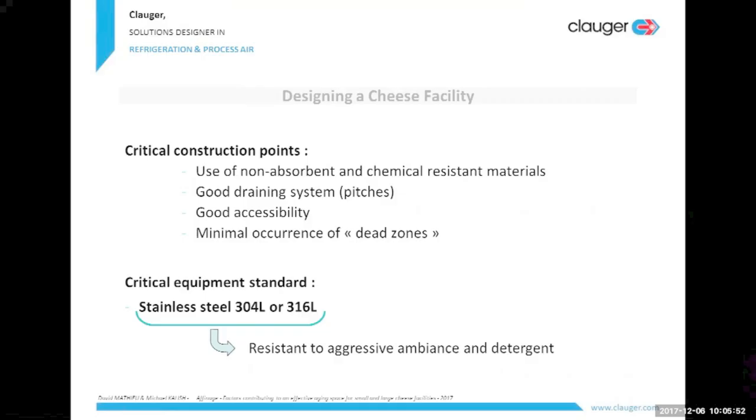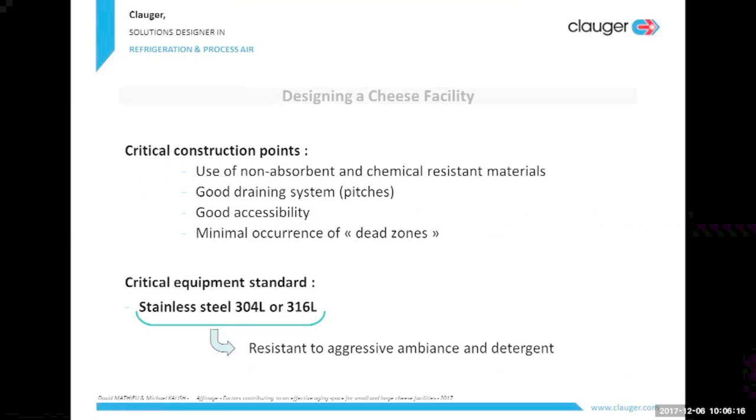We don't want any water retention, because where there is water retention, there is bacteria growth and molds. Good accessibility: if it's accessible, it's easy to wash. Minimal occurrence of dead zones. Again, a dead zone is somewhere where we can't access, so it's a bacterial growth potential.